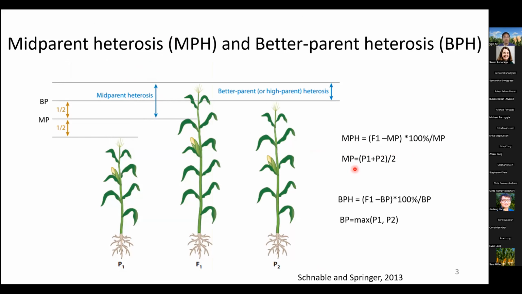Here the MP is calculated as the average value of the two parents. For best parent heterosis, people use F1 minus BP, divided by BP, and the BP is the value from the parent which has the best value.